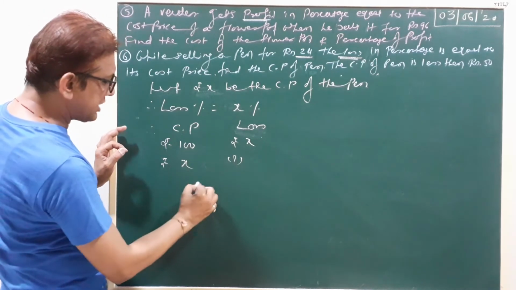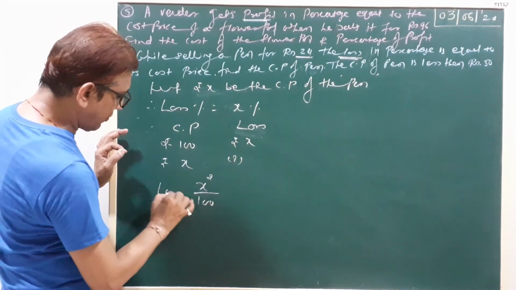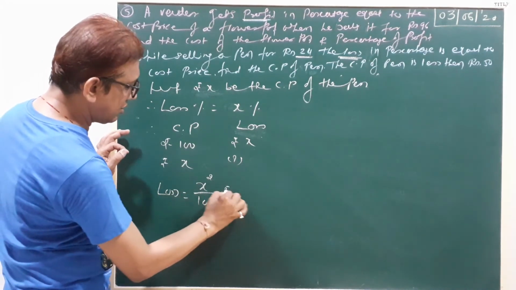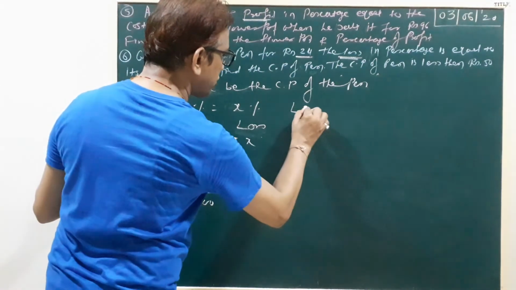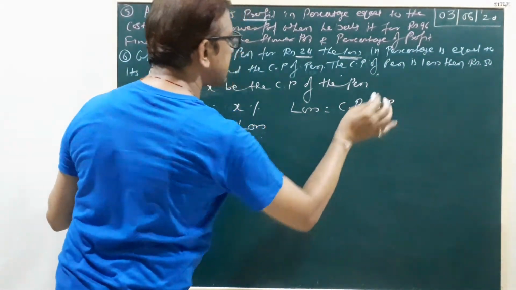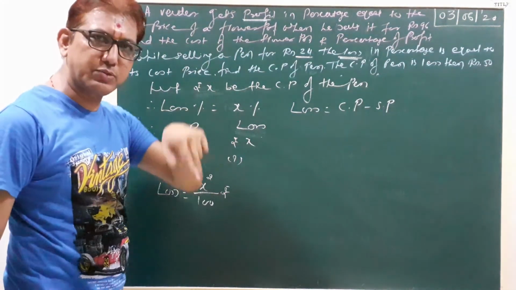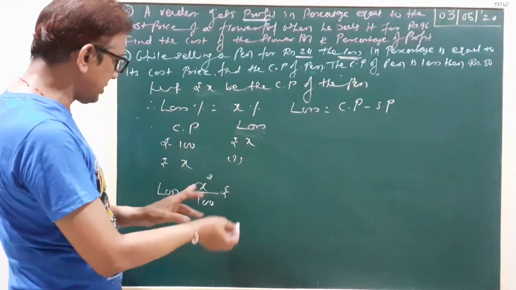So cross multiplication, so X square upon 100 equal to loss in rupees. Okay, clear? Now apply the loss formula. Loss equal to CP minus SP. Profit equal to SP minus CP. Loss equal to CP minus SP. Now same question.